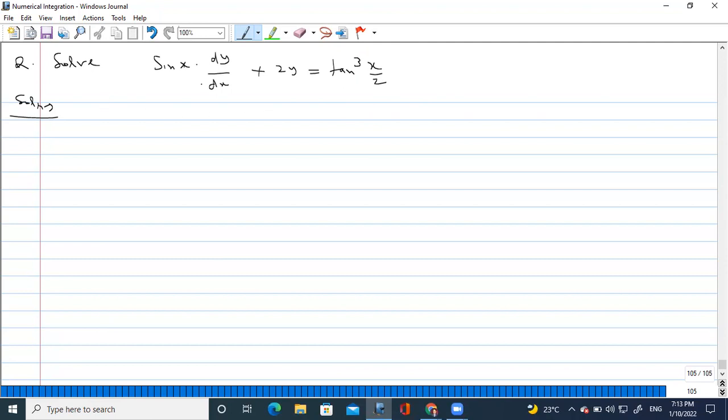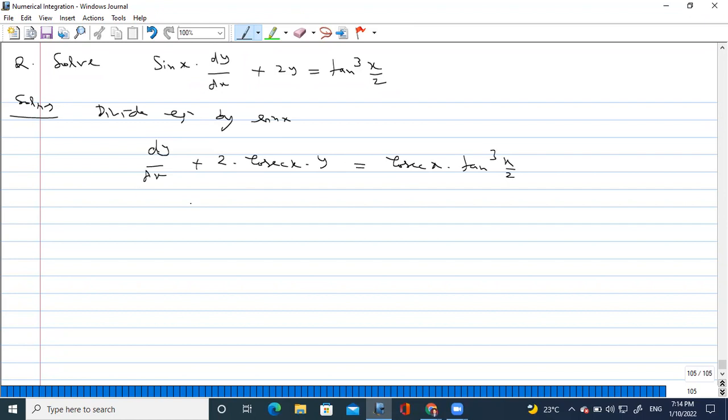Okay. So what here I can do, just I can get rid of this sin x with this dy by dx. So what I can do, divide the whole equation by sin x. So it will become dy by dx plus 2 by sin x, that will become 2 cosec x into y is equal to cosec x into tan cube x by 2.